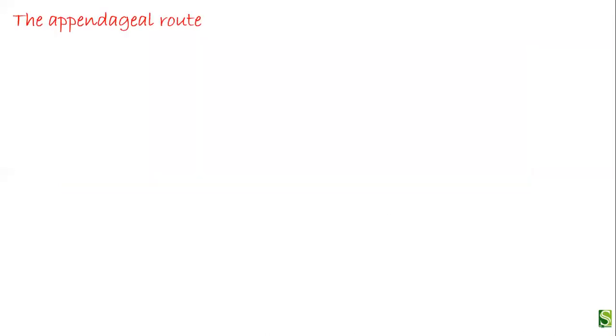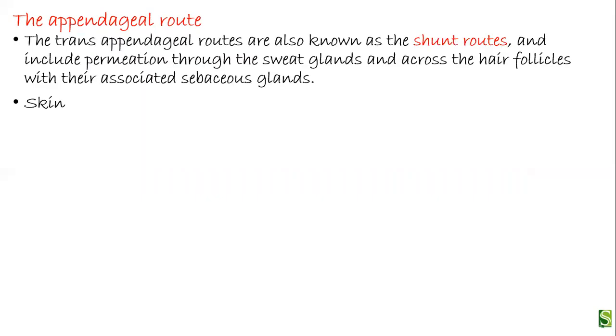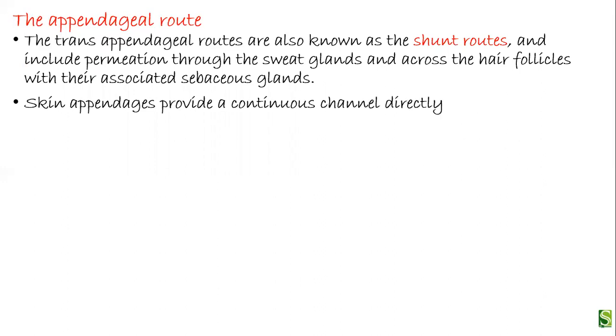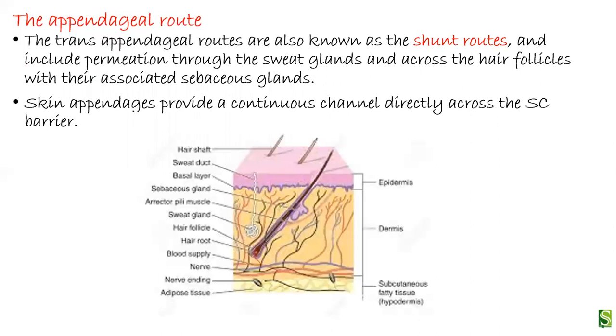The next route is the appendageal route. This route is also known as the shunt route, and it includes permeation through the sweat glands and across the hair follicles with their associated sebaceous glands. The skin appendages provide a continuous channel directly across the stratum corneum. Now in this case, this is the pilosebaceous unit.